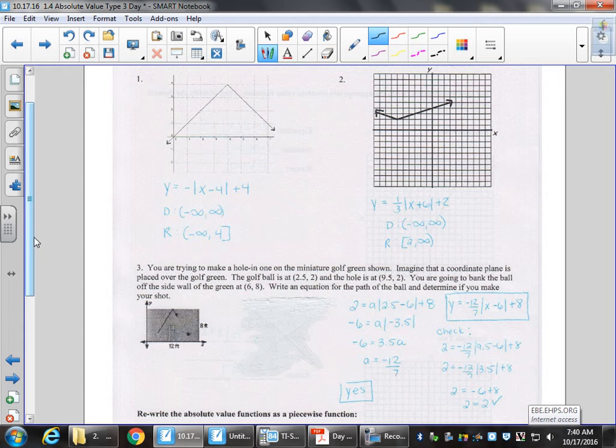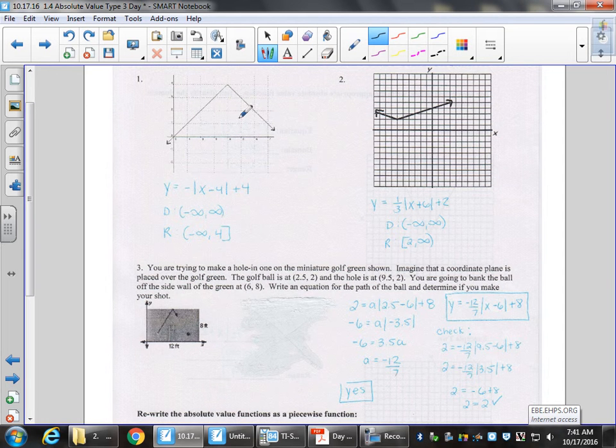Are we agreeing on the first two on the front? Did anybody have questions on the front? So 1, 2, 3, 4, yes.